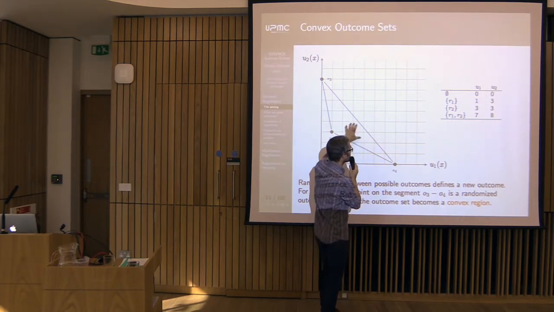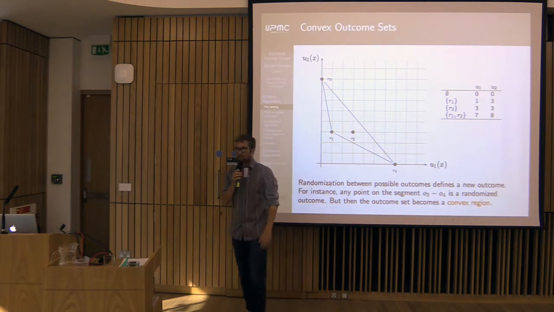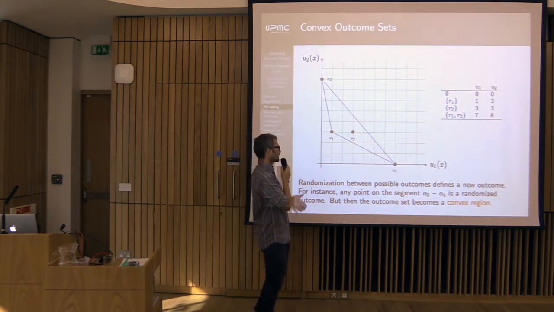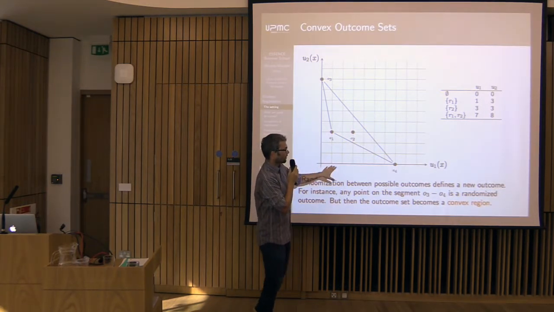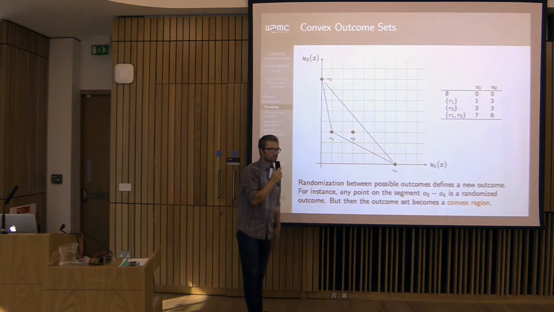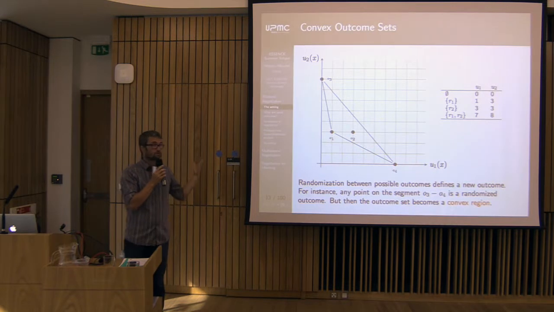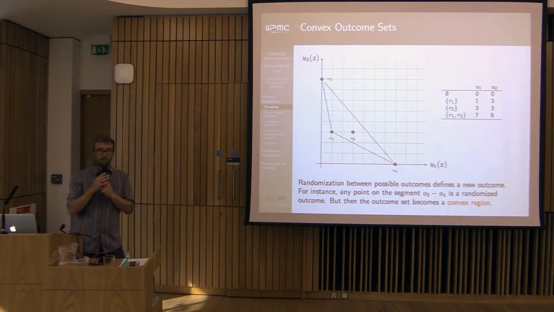So you can reach all the different points in this region, and this is what is called a convex outcome set. I will not talk much about this kind of domains, but still I want to mention it because the axiomatics of negotiation provided by Nash relies on this type of domains.